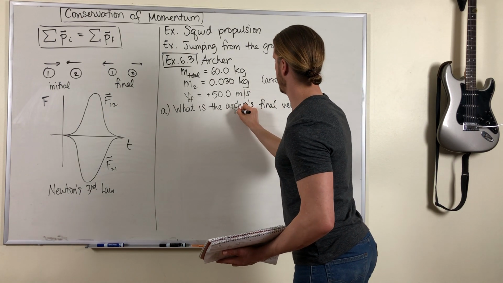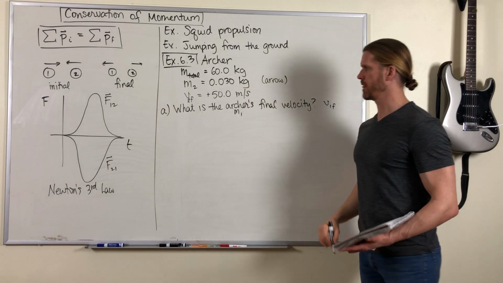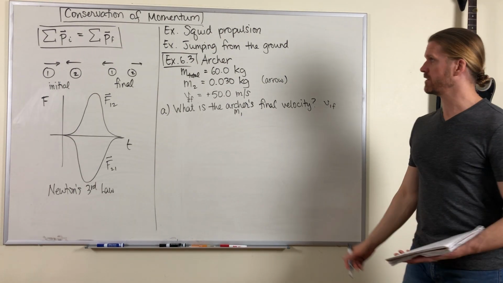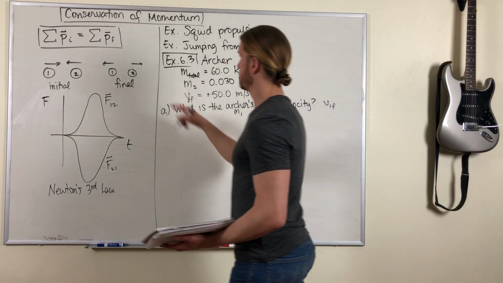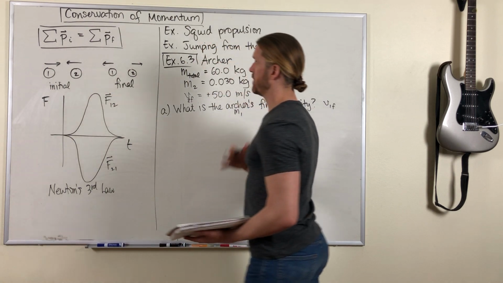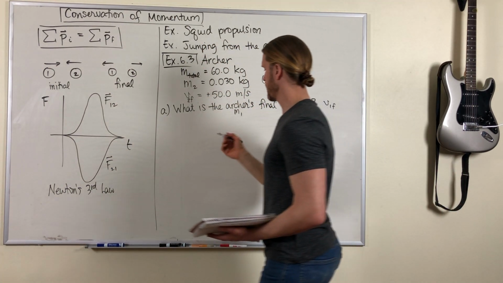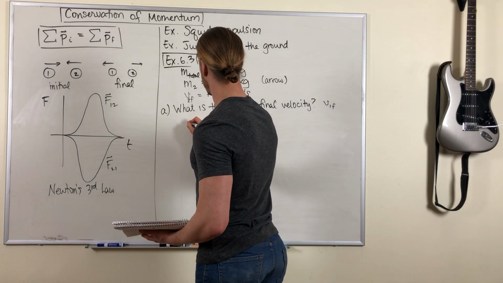The archer's mass, we'll say, is M1. We can figure this out using conservation of momentum. So the law of conservation of momentum says that the total initial momentum equals the total final momentum. So let's write this down really clearly.